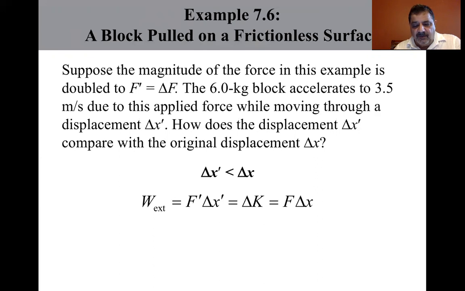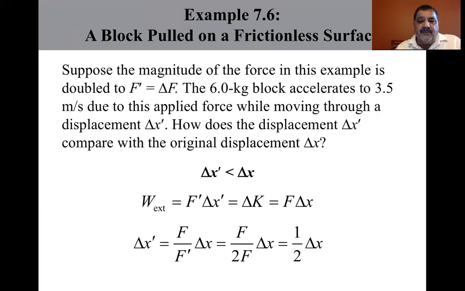Let's solve for delta X prime, and we'll see that F divided by F prime times delta X equals F divided by 2F times delta X equals 1/2 delta X. So the distance is shorter, as suggested by our conceptual argument.